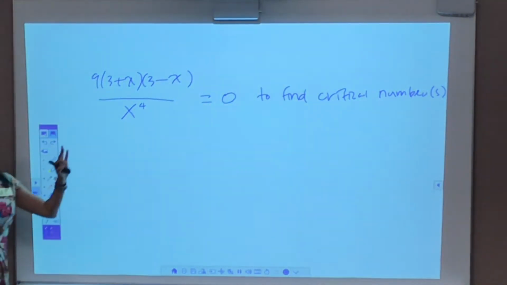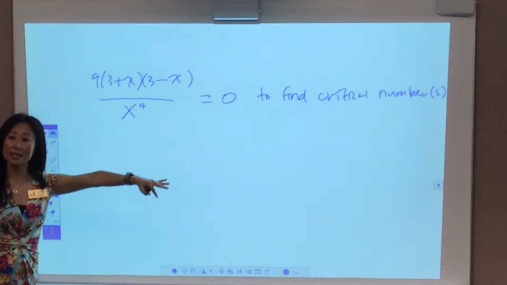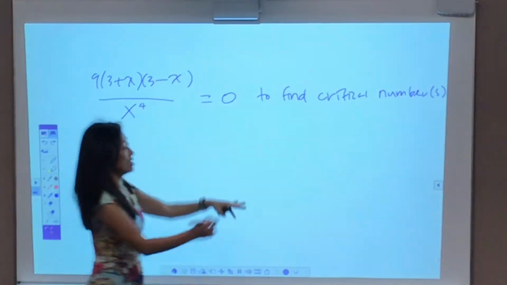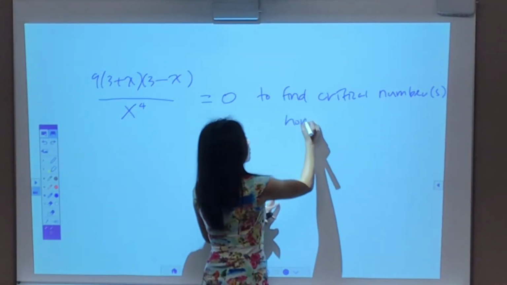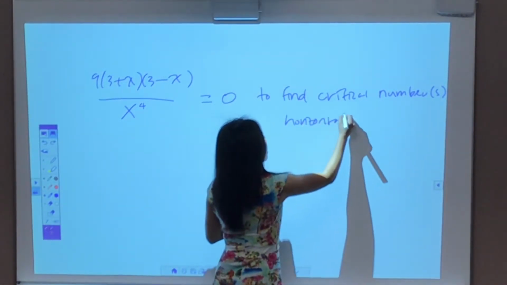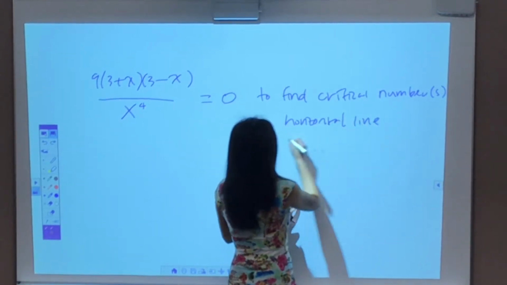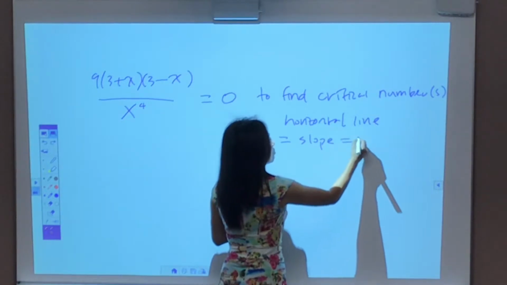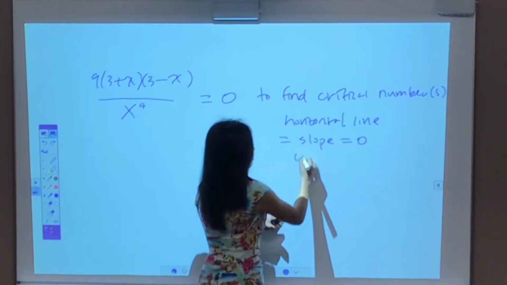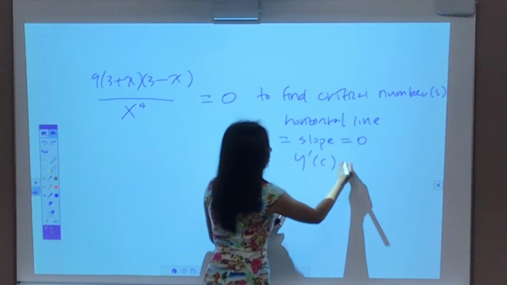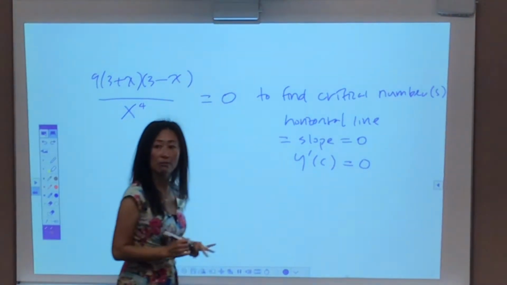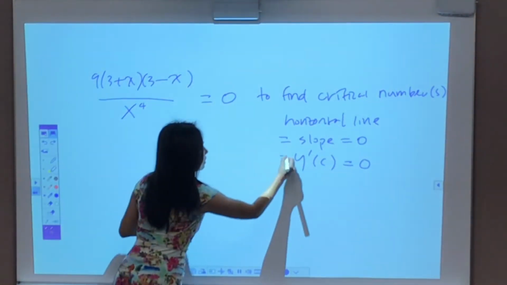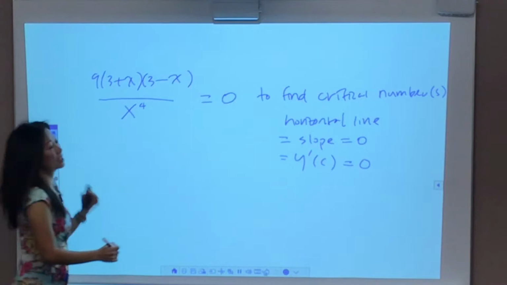Because it says the critical numbers, which are the maximum or minimum, are where the horizontal line is. Horizontal line means the same as slope equal to 0, or y prime of some c is equal to 0. Are you with me, class? That's what that means. They're all equivalent.